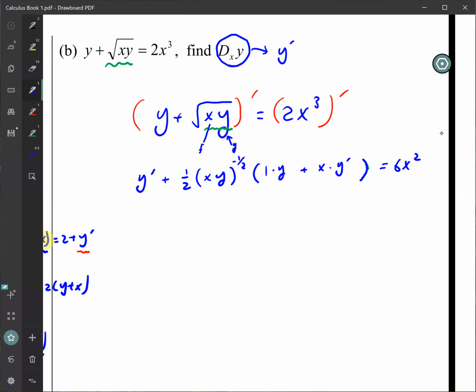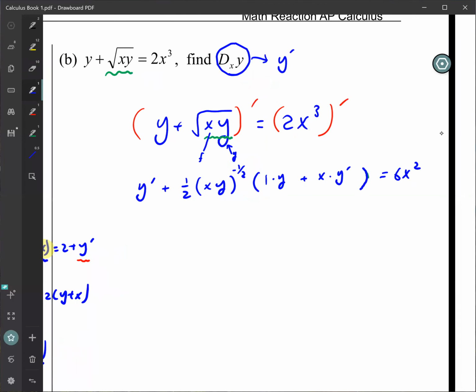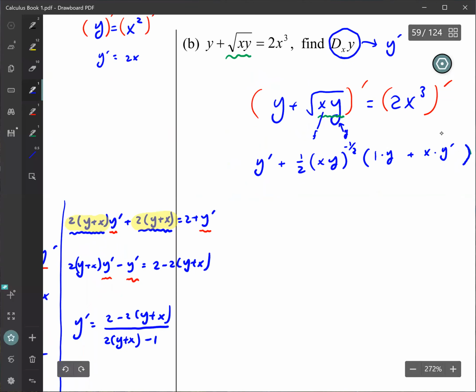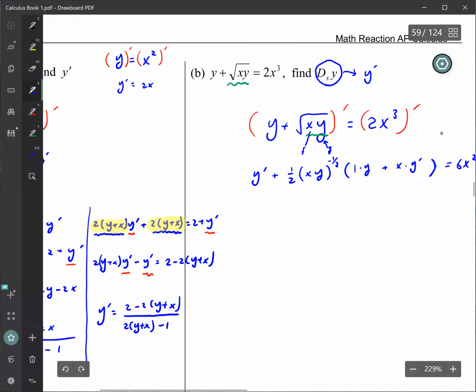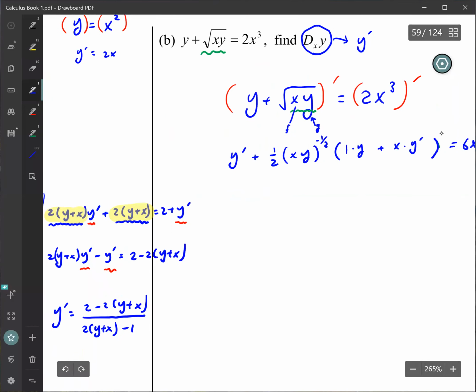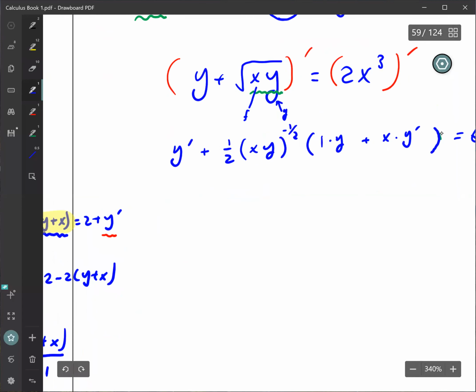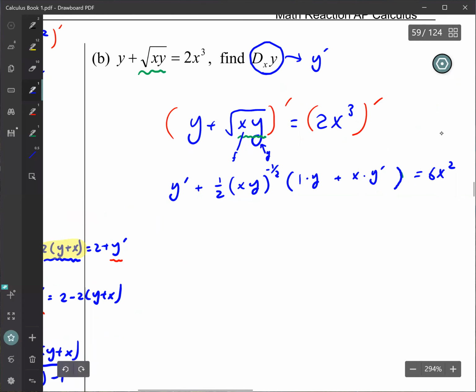Right, the next part is we need to isolate y prime. Okay, so I would like you to try to do it this way, the way I did it before. Instead of getting rid of all the brackets, we can just only expand the part that we need.